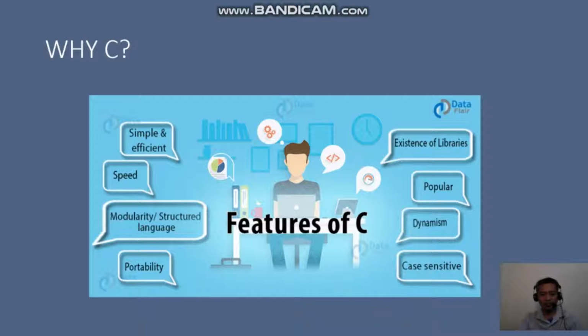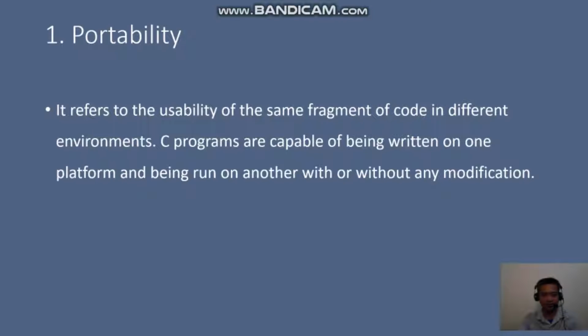These are the following features of C: simple and efficient, speed, modularity, portability, existence of libraries, popular, dynamism, and case sensitive. Let us define one by one of these features. Portability.